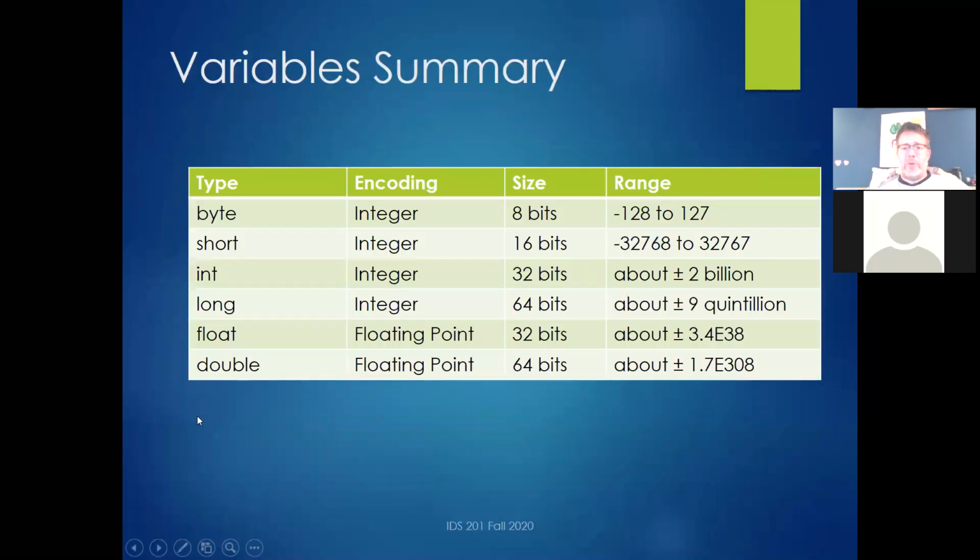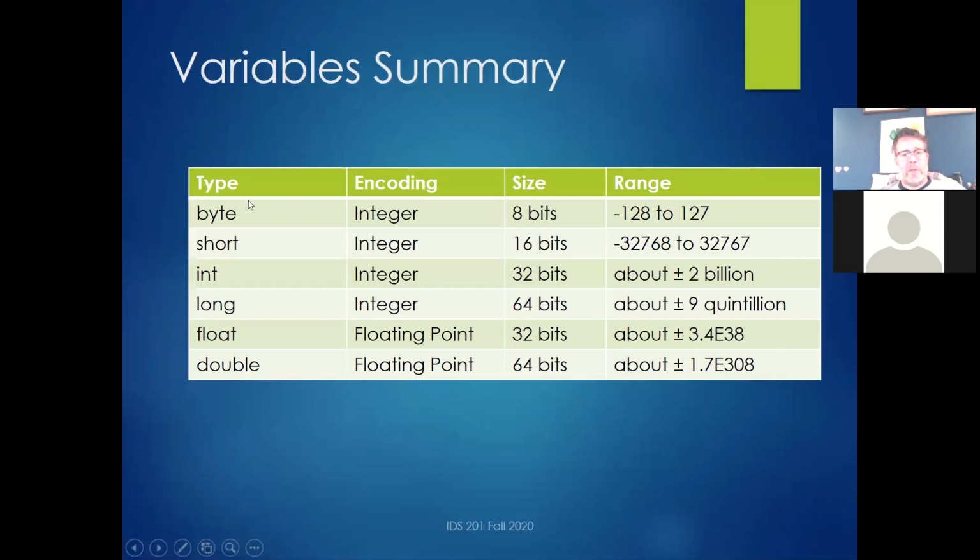So here's our variable summary slide. Some very big numbers: byte, short, int, long, float, doubles. Now this list is important because it's in sequence. If you think about the way this is set up, you realize that any number above can be exactly represented by a type below.